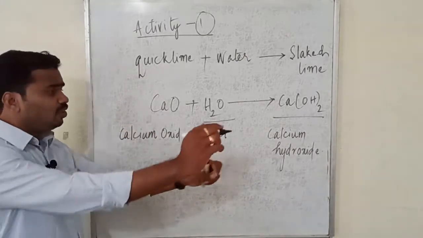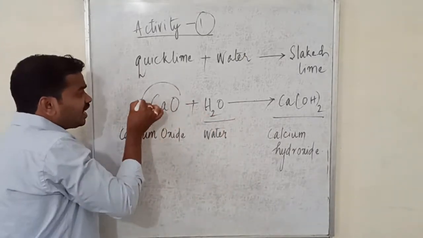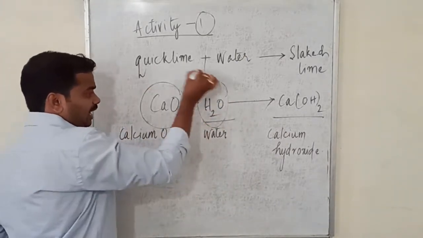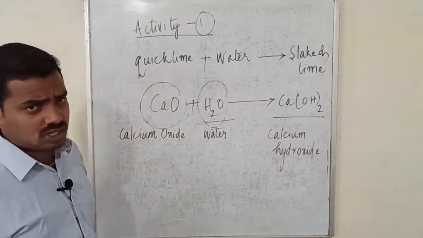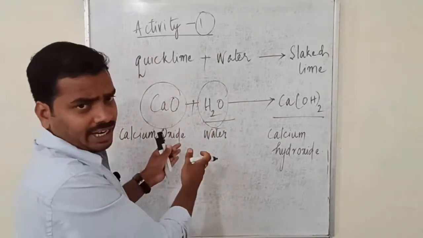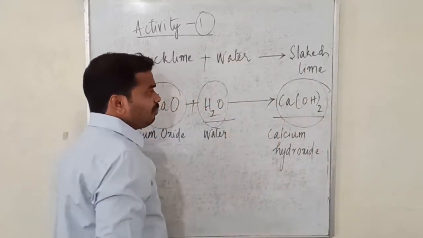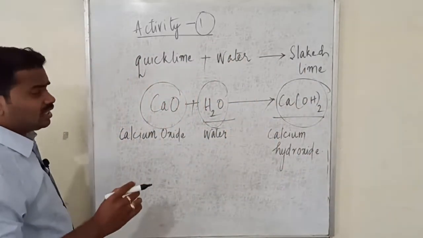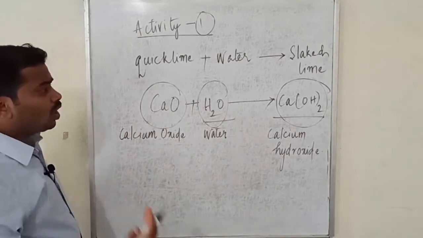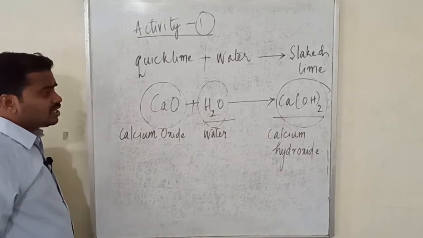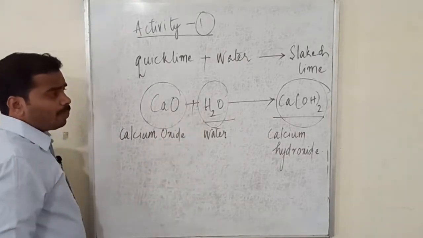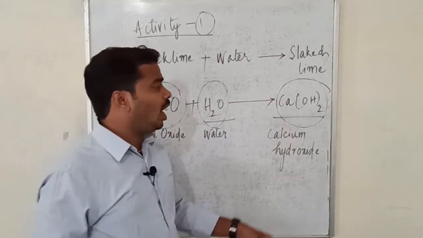So here if you see two different compounds, water and calcium oxide, they both combine to give out calcium hydroxide. From this we can understand some important information. That is, the combination of these two compounds results in one compound.